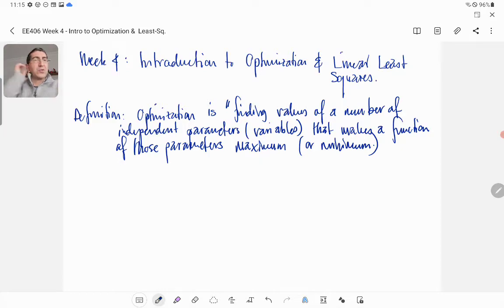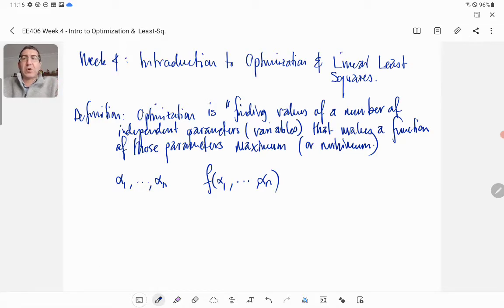Okay, so let's try to discuss that just a bit. So you have a number of parameters or variables and you have a function of those parameters. Let's say we have parameters alpha 1 to alpha n, and we have a function of those parameters. So we want this function to be maximum or minimum, and we want to find which variables make that function maximum or minimum.